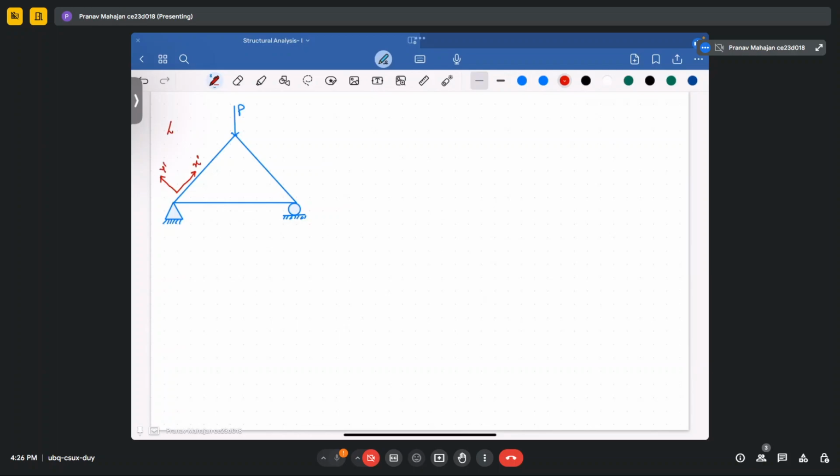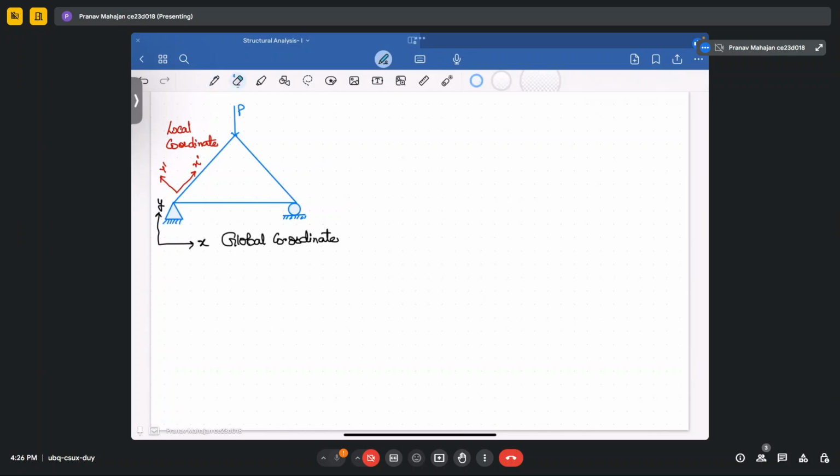So this is your local coordinate. But in the joint, you observe the deflection in XY coordinate, or horizontal and vertical coordinate. So this is your global coordinate. So how can you transform the values from the global coordinate to the local coordinates? That you will do using a transformation matrix.